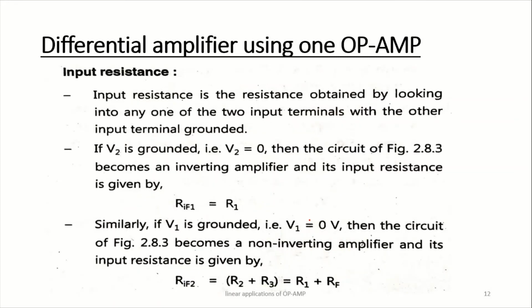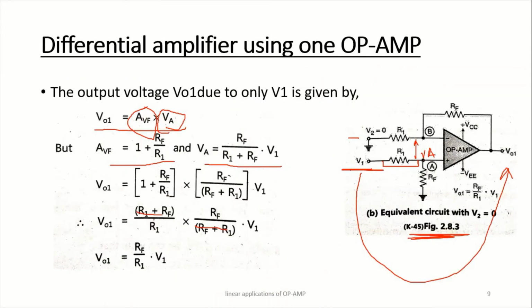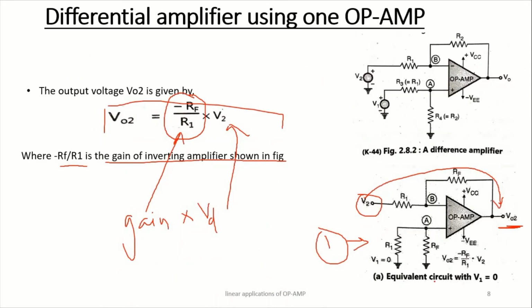The next is input resistance. For case number 1, the input resistance is the resistance obtained by looking into one of the two input terminals with the other input terminal grounded. In this case, only V2 is connected and V1 is grounded, meaning V1 is equal to 0.